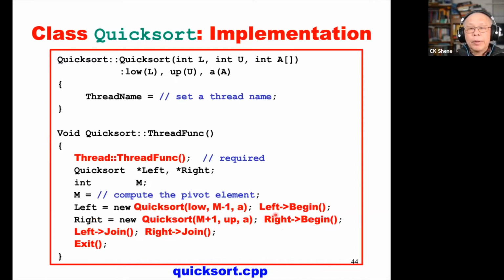Now we have created one left thread, one right thread. Don't exit. If you exit now, both threads will stop running. So we have to wait for the left thread to finish and wait for the right thread to finish.